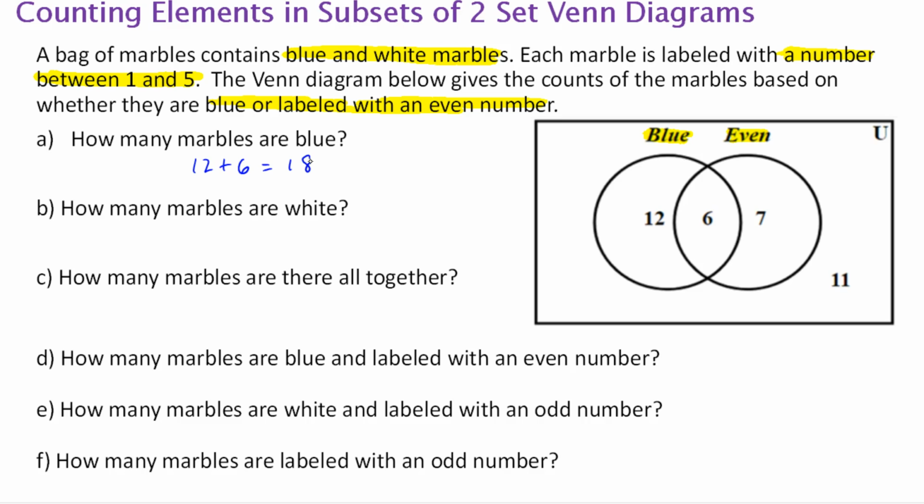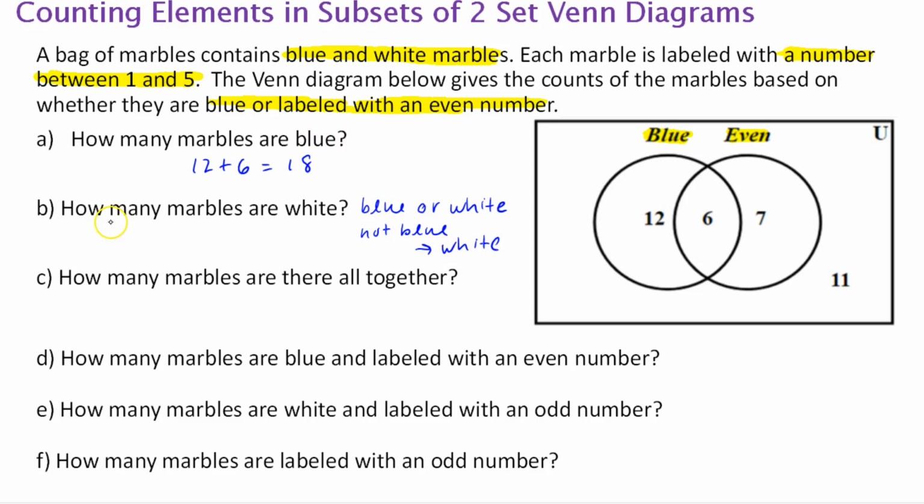Next, we're asked how many marbles are white. Now, white isn't on here anywhere, but notice that we were told that the marbles could only be blue or white. If they're not blue, since there's only two types of marbles, that would imply that the marbles are white.